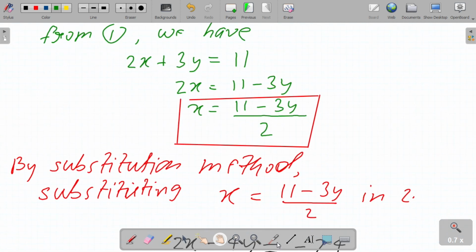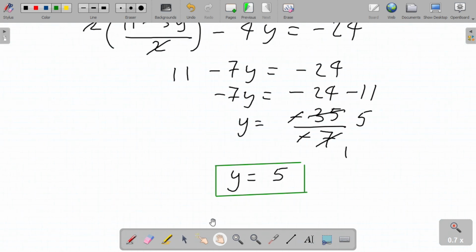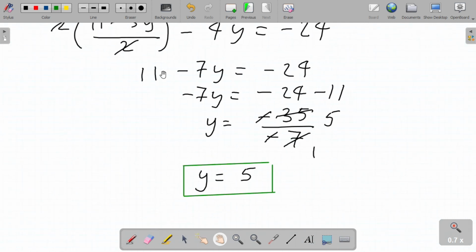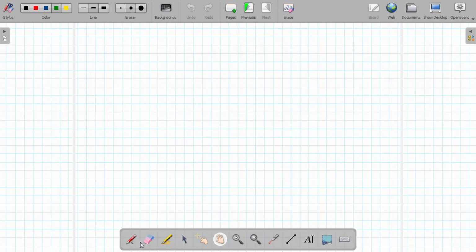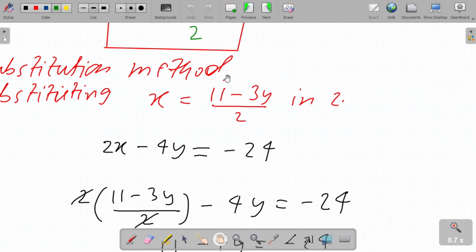On the next page, x equals 11 minus 3y upon 2. This is the previous page. x is equal to 11 minus 3y upon 2.